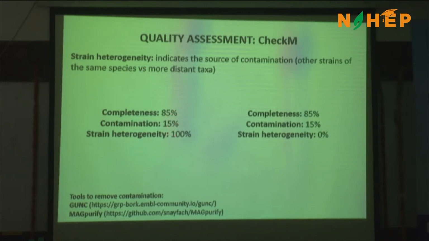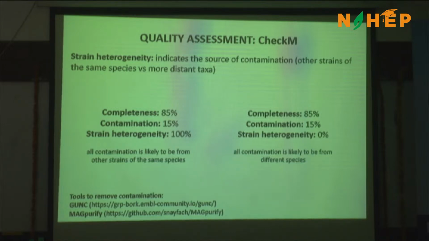Okay, so when we look at this, for example, we have this bin that has 85% completeness, 15% contamination, and 100% strain heterogeneity. The other one has 85% completeness, 15% contamination, and 0% heterogeneity. This one most likely contains different strains from the same species, and this other one most likely contains strains from different species.